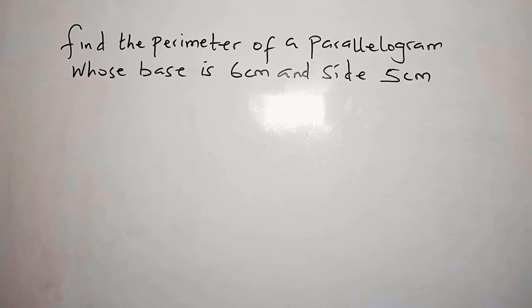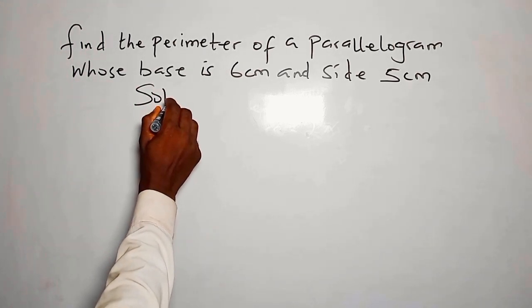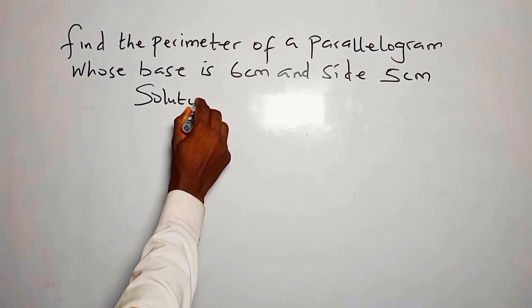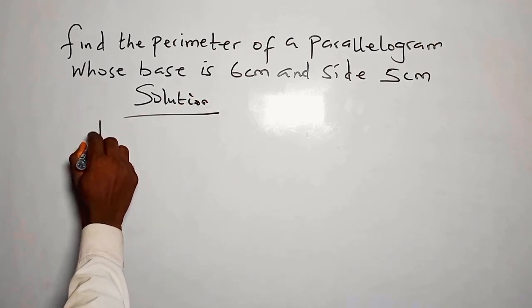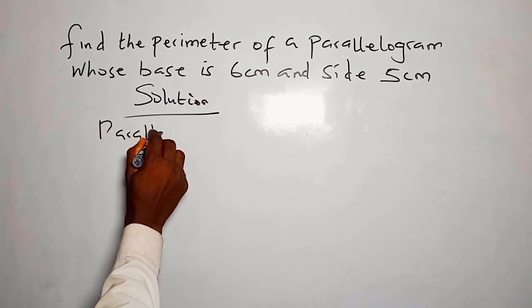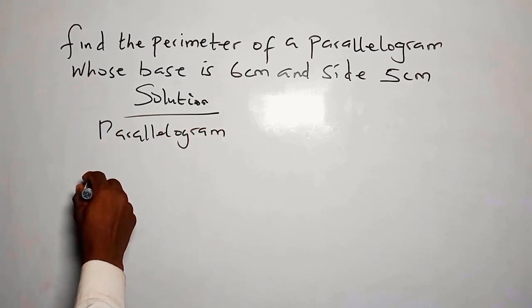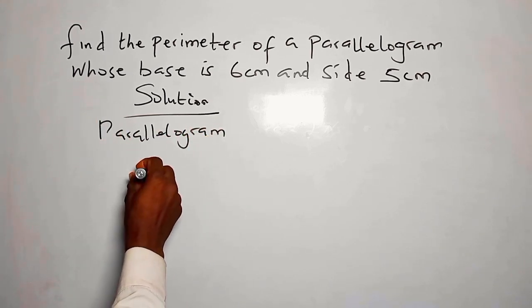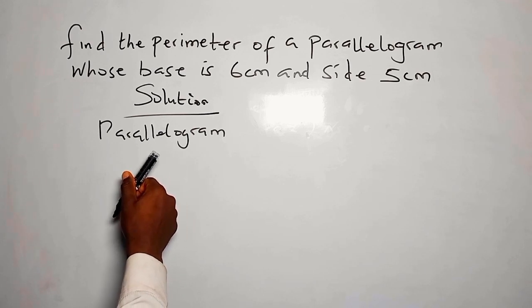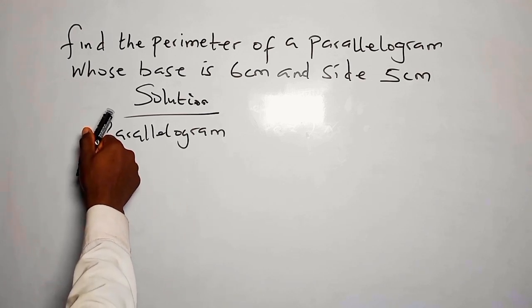The question says, find the perimeter of the parallelogram whose base is 6 centimeters and side is 5 centimeters. How do we do this? Solution. For a parallelogram, the perimeter measures the total distance around it.